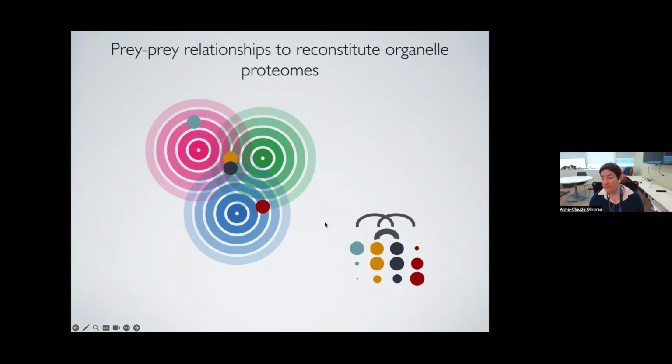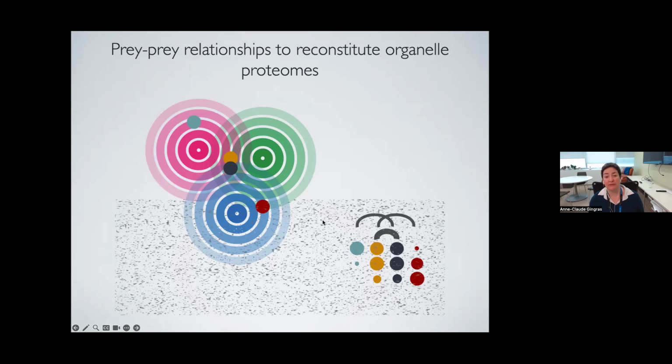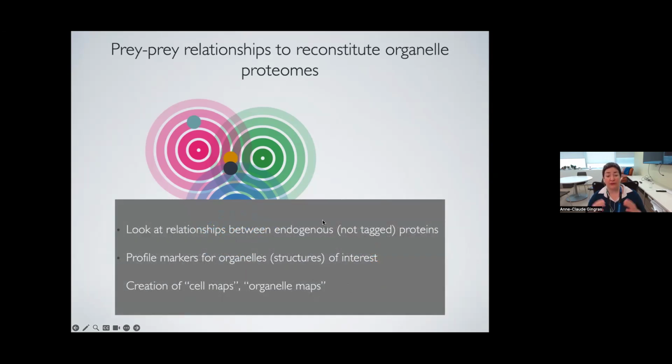So you can really use that at a larger scale to reconstruct the relationship between those endogenous and not tagged proteins. And this really can help in creating what we call a cell map and organelle map. And I will give you a few examples in the next few slides.